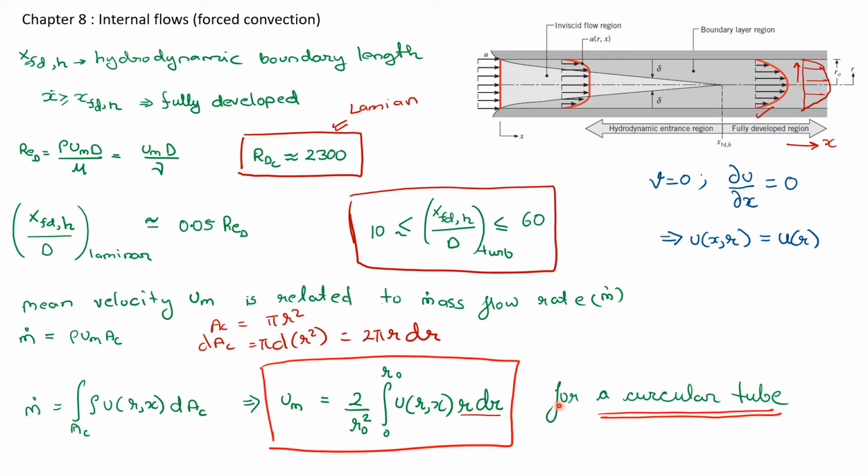So you have ducts going all around the building for your ventilation, which carry cold or hot air. Those ducts usually have a square or a rectangular cross section. So that's why you must note that this relation here is for a circular tube.